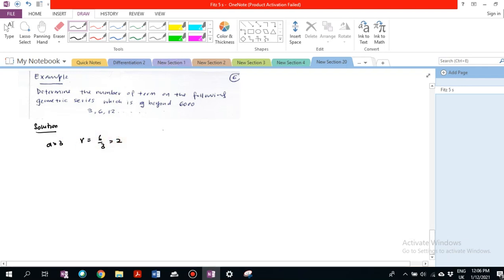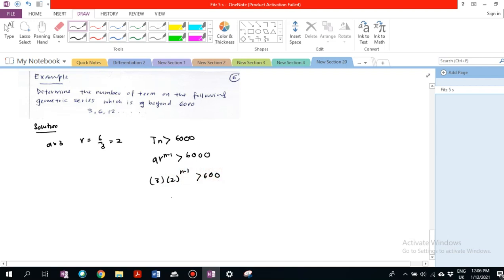Then the question is Tn beyond 6,000. So you have A R to the power of n minus 1 is beyond 6,000. A is 3, R is 2, so 3 times 2 to the power of n minus 1 is beyond 6,000.